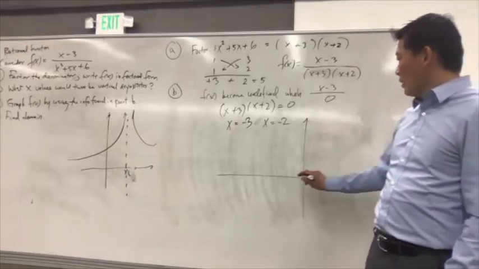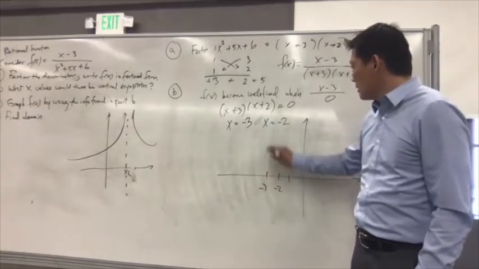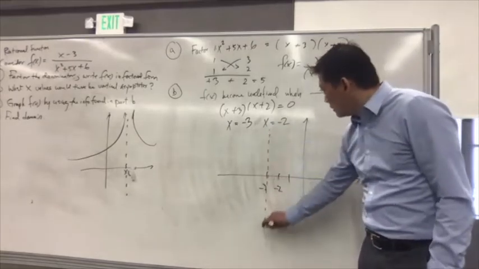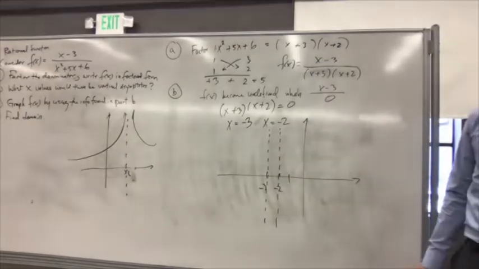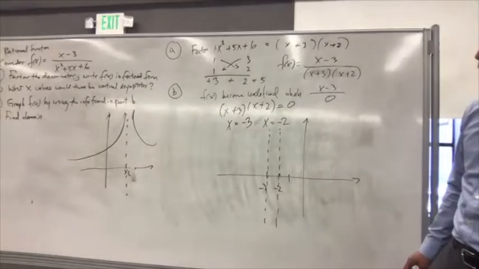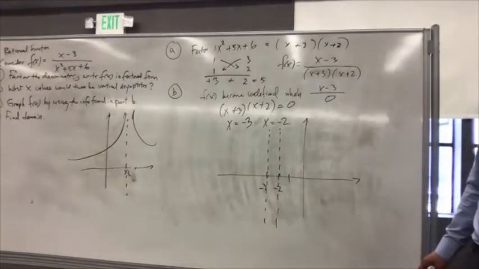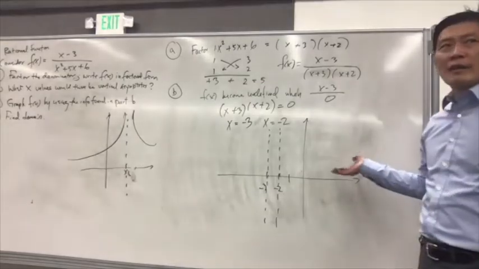I know that negative 2 right here, negative 3 right here, somehow I'm going to end up with these dotted lines, vertical asymptotes. Okay? So then the question is, well, what would this graph actually look like?